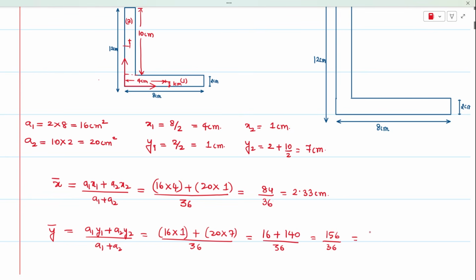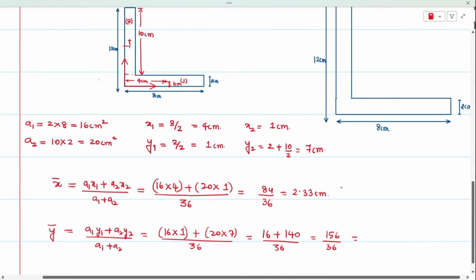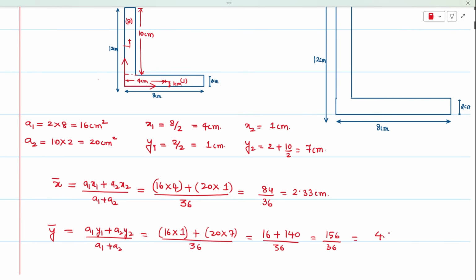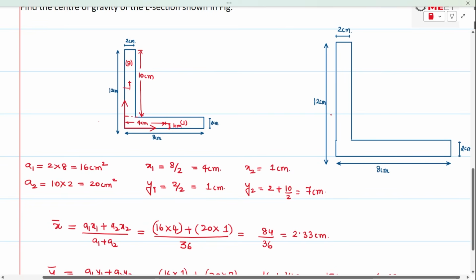This value will be slightly greater than 4 because 36 fours are 144. So upon solving, y bar will be equal to 4.33 centimeters. So for non-symmetrical objects, the x bar and y bar can be estimated.